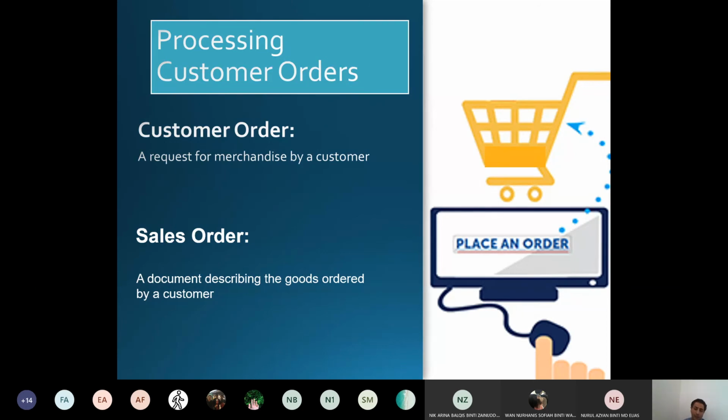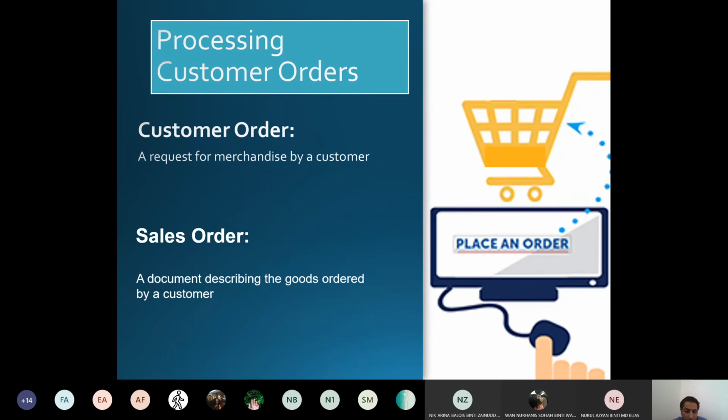Sometimes the customer will just bring the full name of the product, but in our system we have coding for these goods. So let's say product number 1/35, this is the code of the goods.